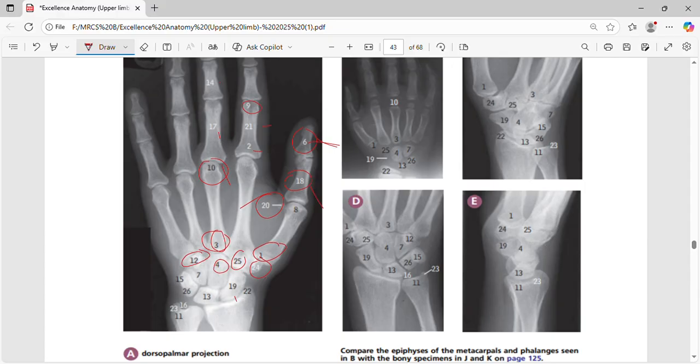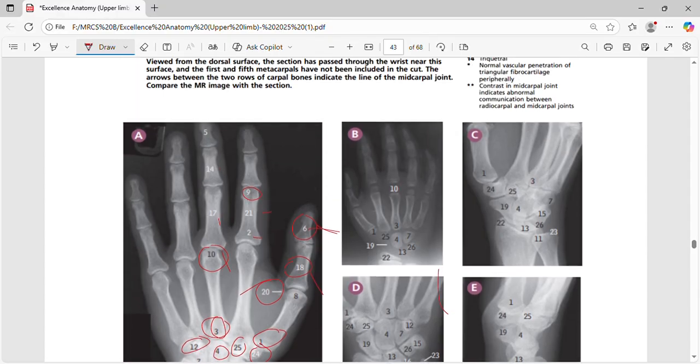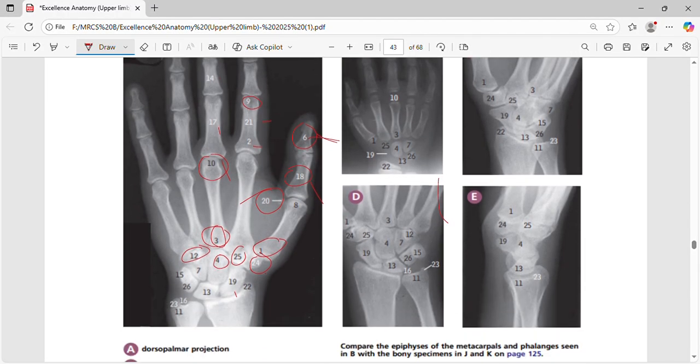Okay, so here is a radiograph of a 4-year-old child, and here you can see again the 23rd is the radial styloid. 11 is the head of the ulna. Again the same nomenclature, and here this is the lateral view, so it's a bit confusing.